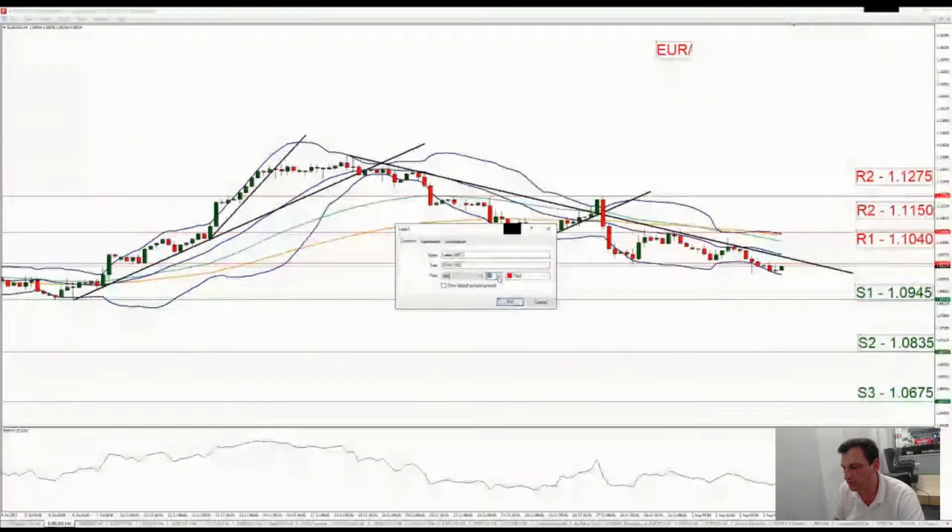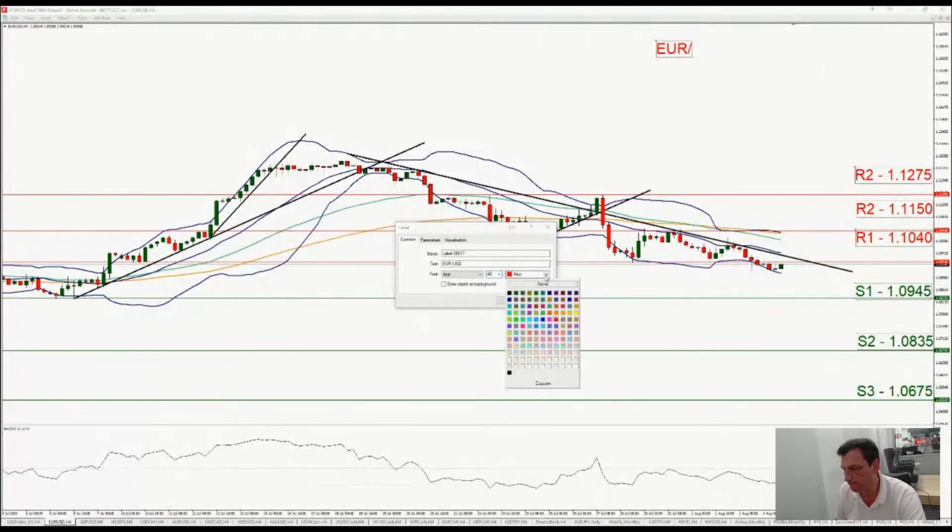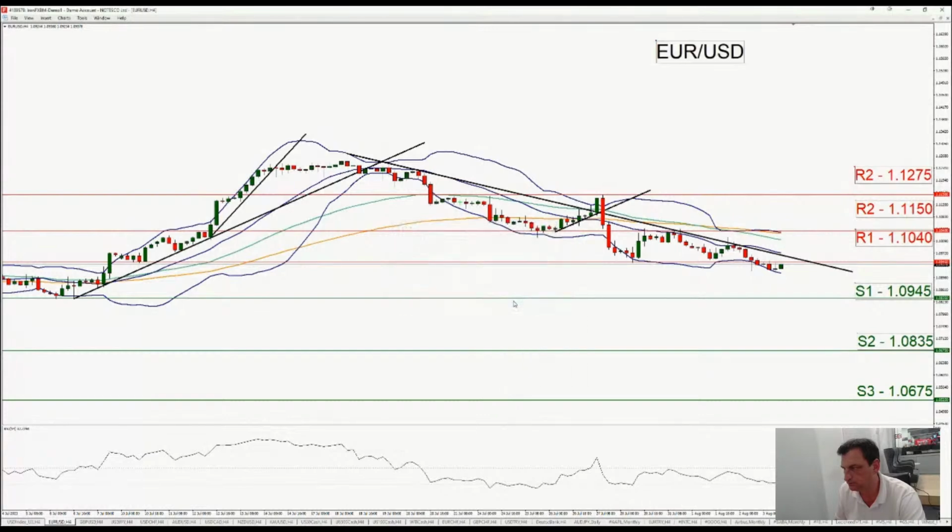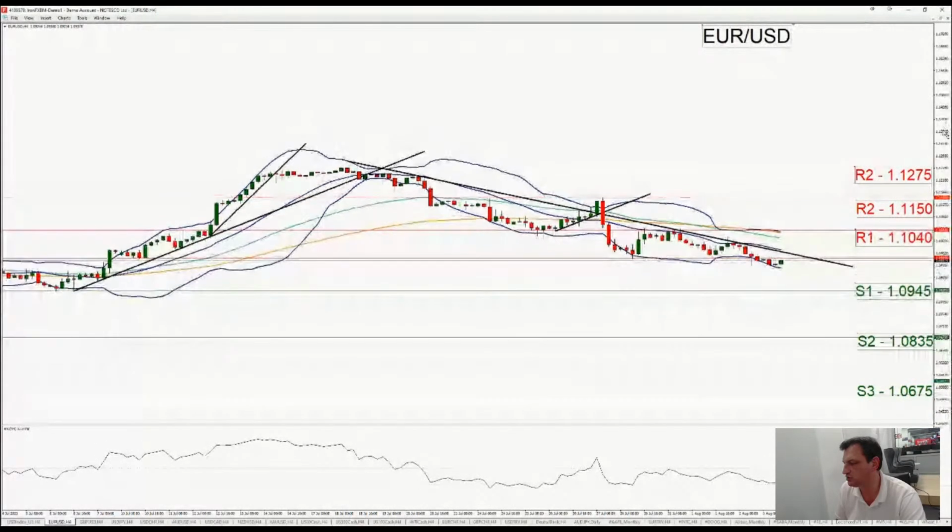Let's magnify it a little bit so it becomes more visible. And color this in black. Okay, we're adjusting the chart just a bit.